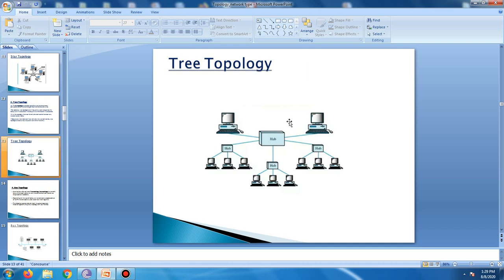The central hub in the tree is an active hub. An active hub contains a repeater, which is a hardware device that regenerates the received bit pattern before sending it out. The repeater strengthens transmission and increases the distance a signal can travel.